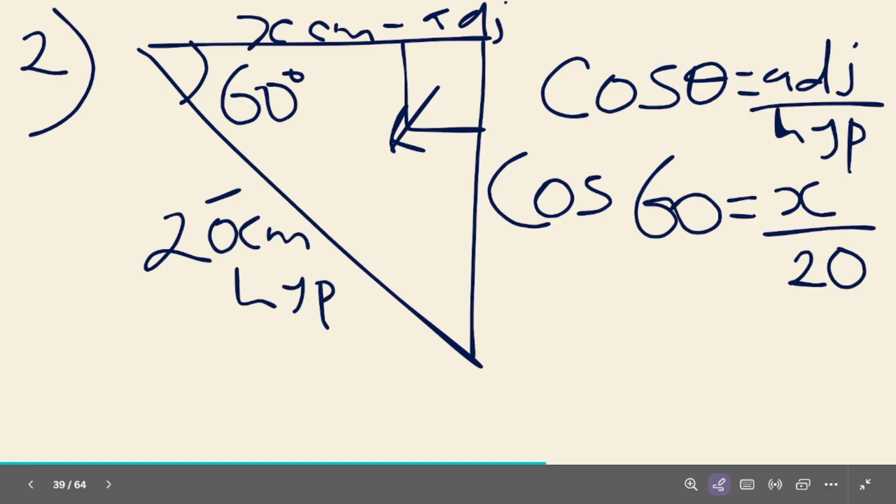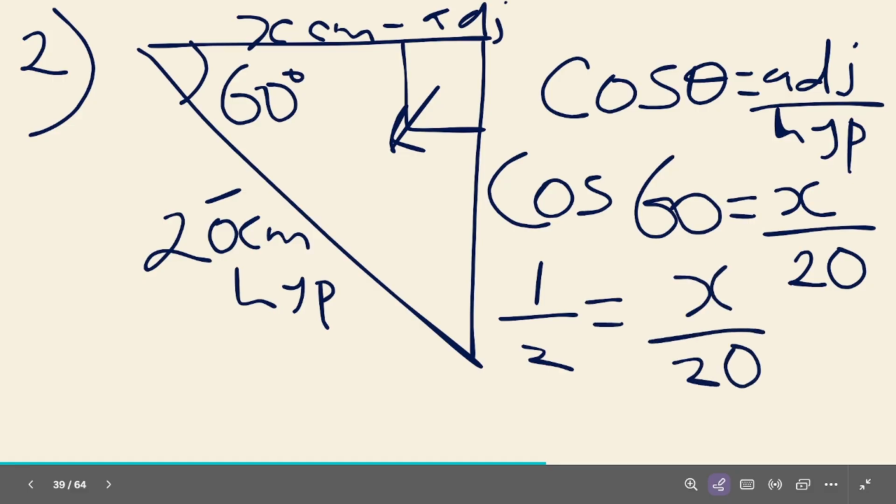It's going to give you 0.5 or half. 0.5 is half, 1 over 2. I want to use this so that you just see how both cases work, whether decimal or fraction. So let me rewrite it here. You have 1 over 2 is equal to x over 20.